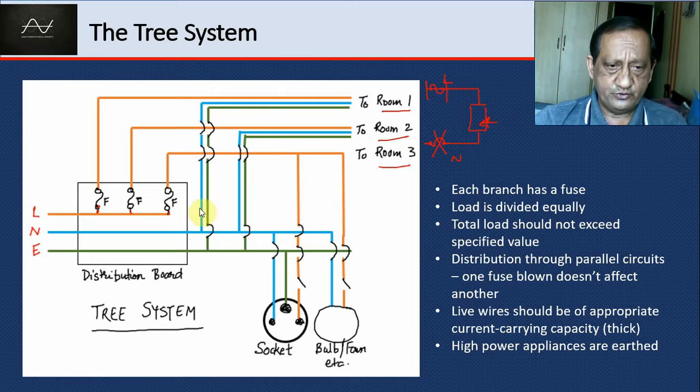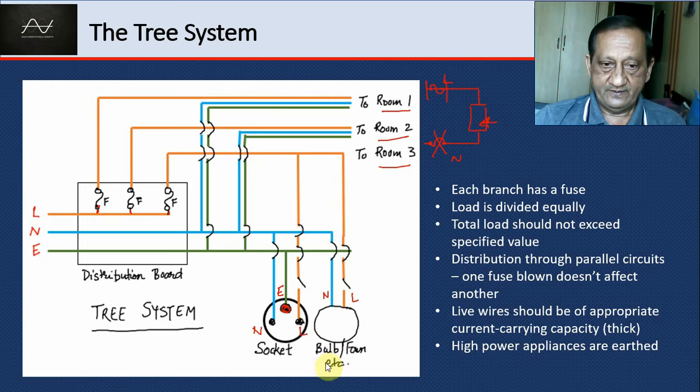Live goes, neutral goes. So you can see the blue line goes, the green line goes to all the rooms. And in each room I have shown, a bulb or a fan will have only live and neutral. But a socket which is supposed to power high power devices will also have this earth. The earth will be the top one, and the live will be this, and the neutral will be this.